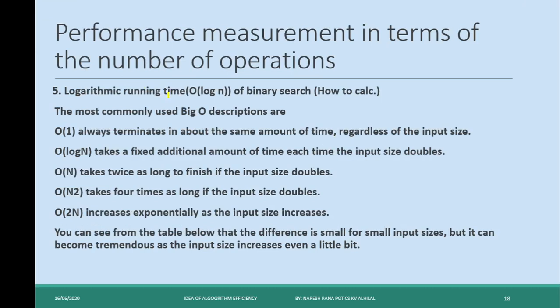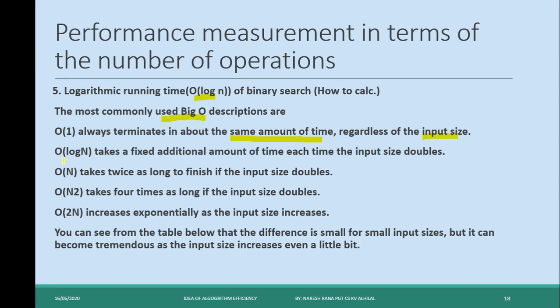Logarithmic running time O(log n) in binary search, how to calculate. The most common Big O descriptions are: O(1) terminates in about the same amount of time regardless of the input size.